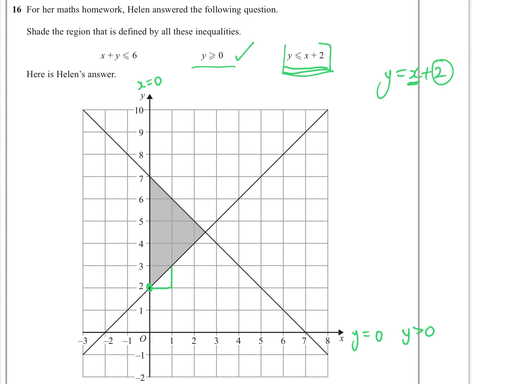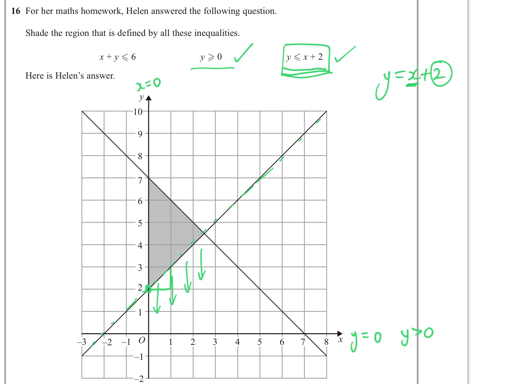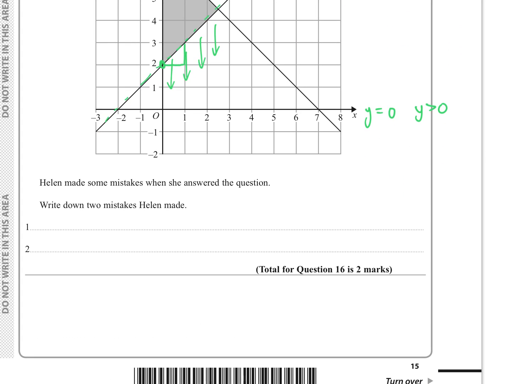And we've got to shade everything that's equal to that line and less than it. Well, there's one mistake, because the shaded region is above that line. So the first mistake is that she should have shaded underneath. So that's the first thing we can write here. Let's just go down to here.